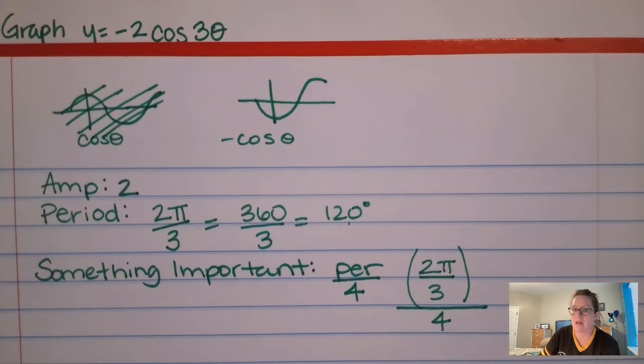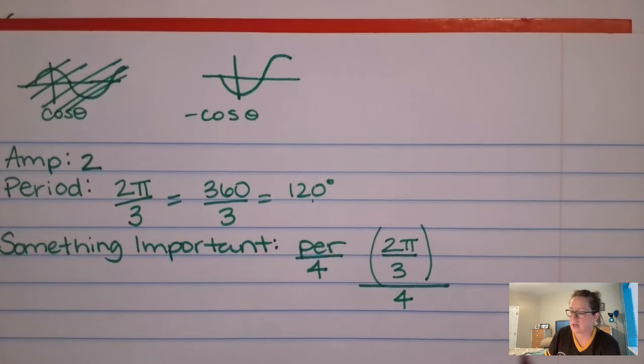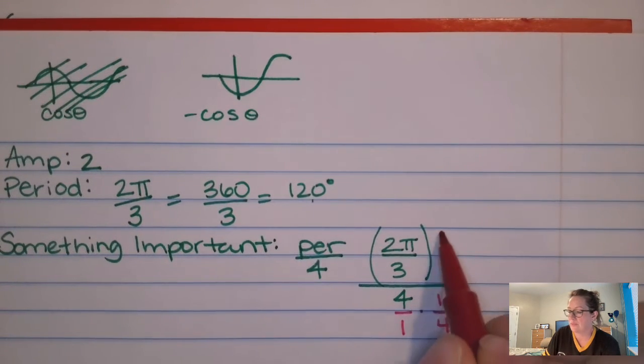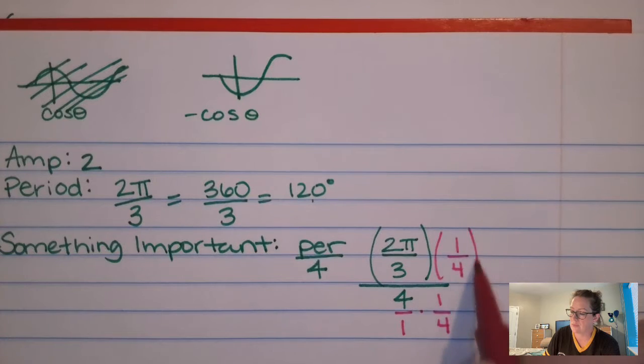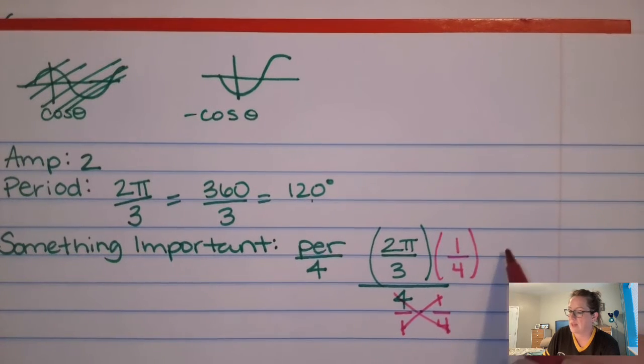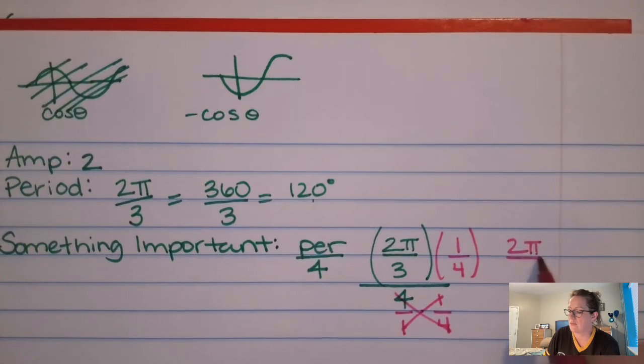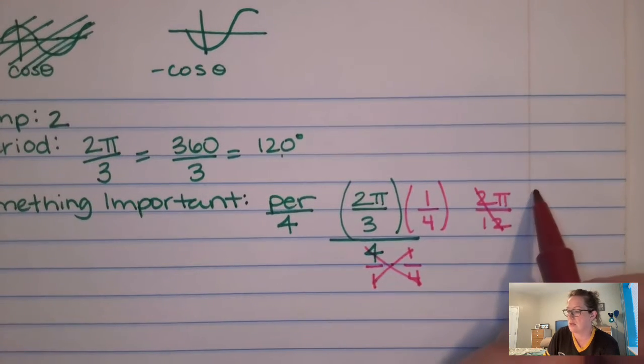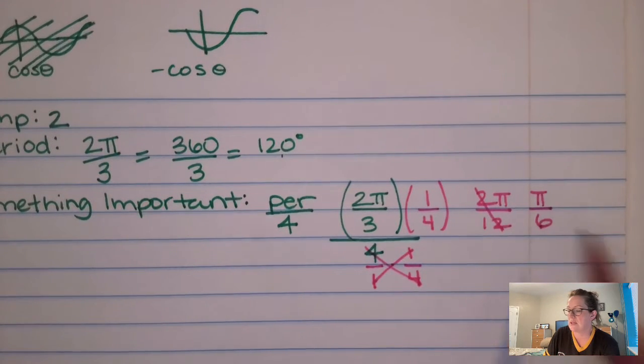How do we divide a fraction by a fraction? Well, remember this has a denominator of 1. We're just going to multiply it by the reciprocal. So we get 2 pi over 12. 2 and 12 cancel out to be pi over 6.